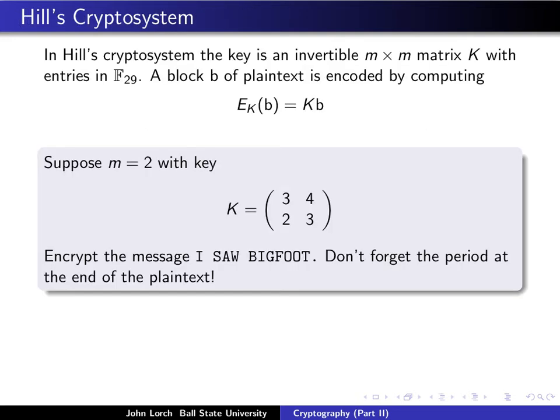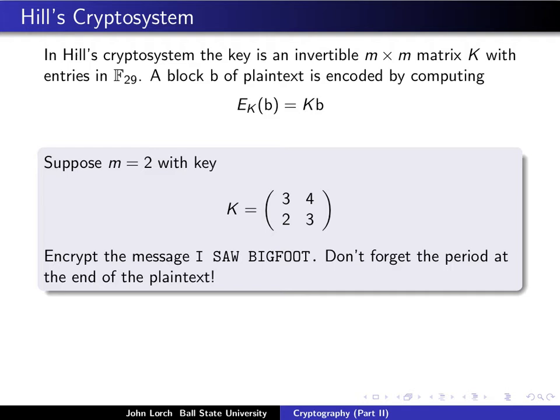So the Hill cryptosystem is another one of these polyalphabetic symmetric key cryptosystems. But there are a few differences here. First, the key, instead of being a number or a list of numbers, is an invertible M by M matrix with entries in F29.